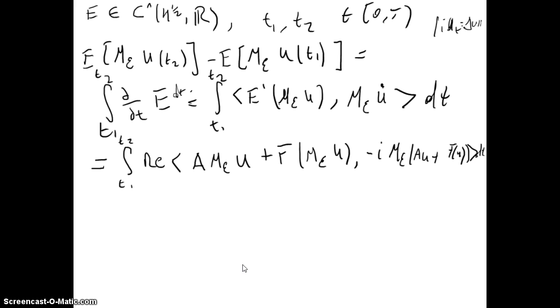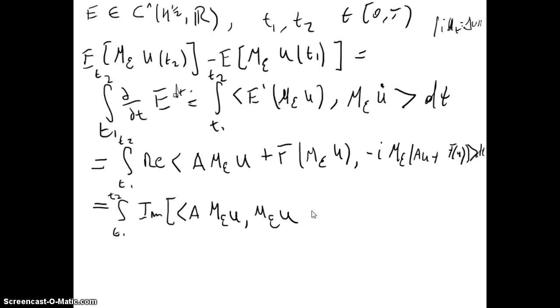Okay, so dt, this will be equal to, take the i away, and we ask for the imaginary part. Now we will pair this with this, this with this, this with this, and this with this. That will be A m epsilon u comma m epsilon A u. Okay, this one with this one, we get rid of the i, and we ask for the imaginary part.